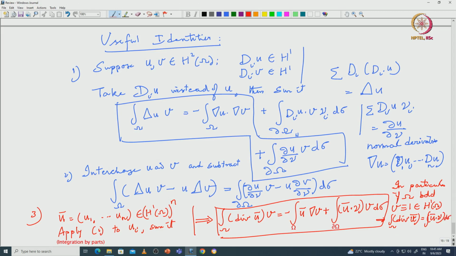You will see again when you study the Stokes system how you solve divergence of u bar equal to 0 with u bar equal to g on the boundary, leading to some compatibility conditions. So these few identities are basically integration by parts, and this is the famous Gauss divergence theorem, from omega to the boundary.